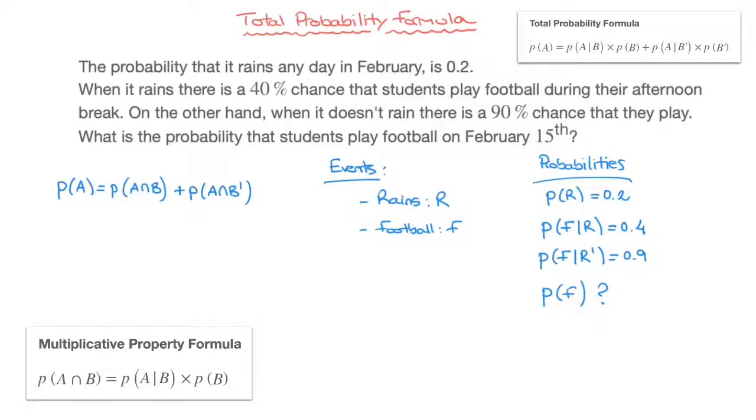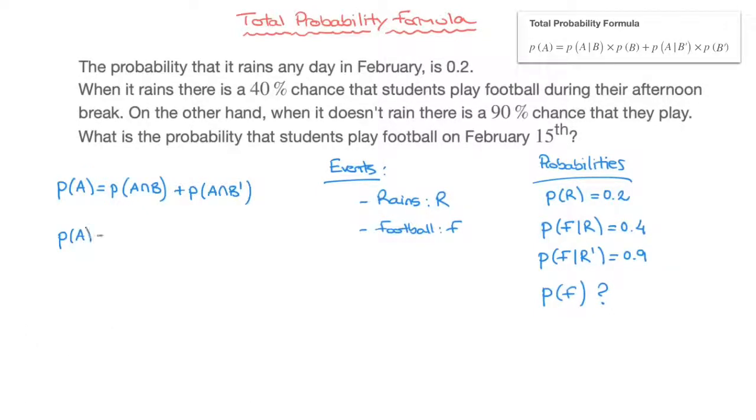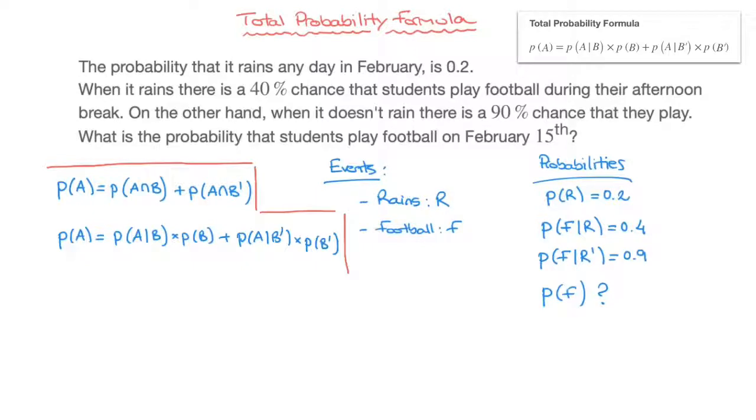And using the multiplicative property formula, which we also saw in one of our previous tutorials, we can rewrite this total probability formula as the probability of A occurring equals the probability of event A occurring given hypothesis B has occurred times the probability of the hypothesis B occurring, plus the probability of event A occurring given B hasn't occurred times the probability of event B not occurring. And I'll just go ahead and box those formulas. Remember, these are the total probability formula.